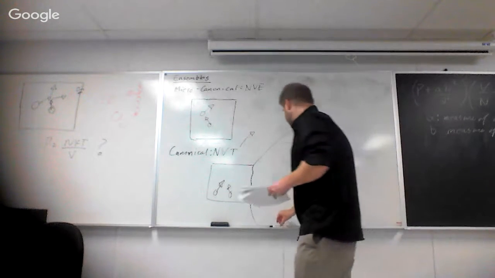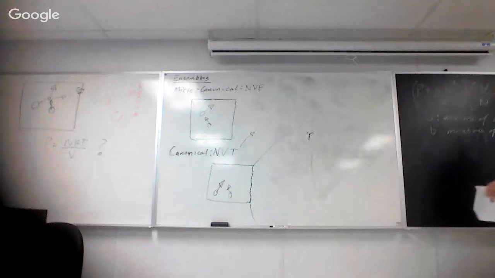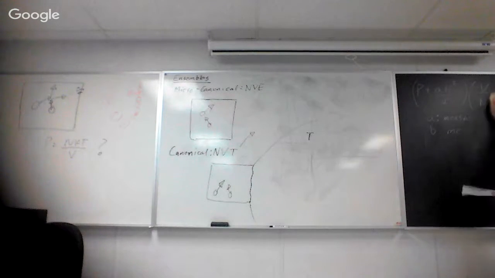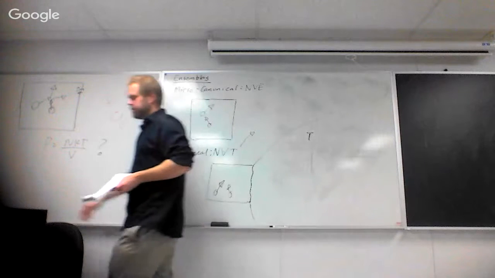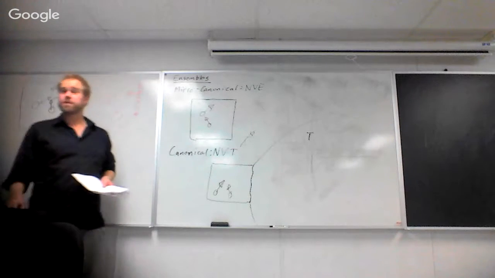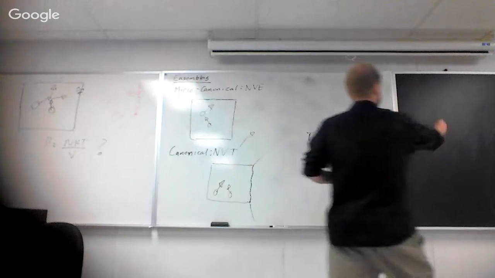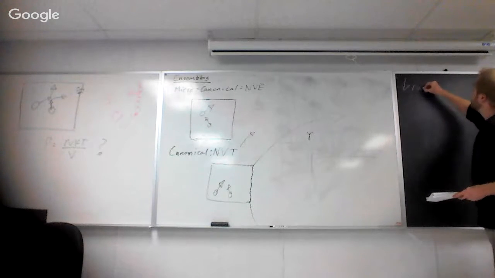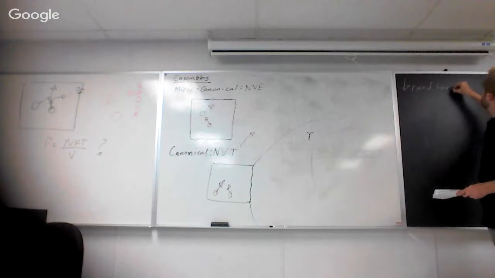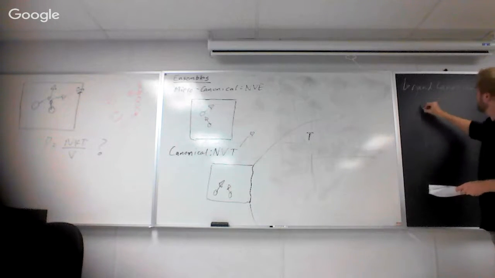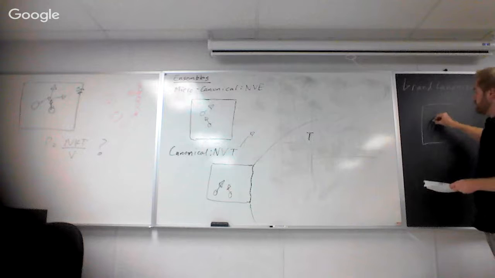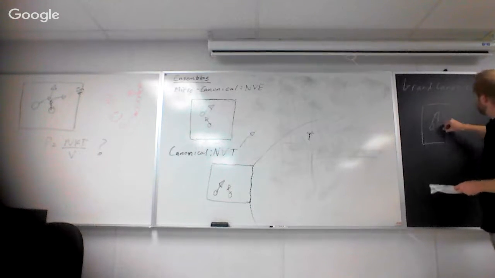Okay, we can also have the grand canonical ensemble. Anybody want to guess what happens here? We still have our box with particles bouncing back and forth.